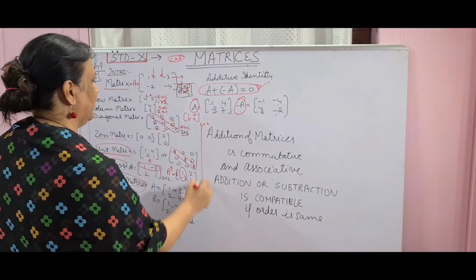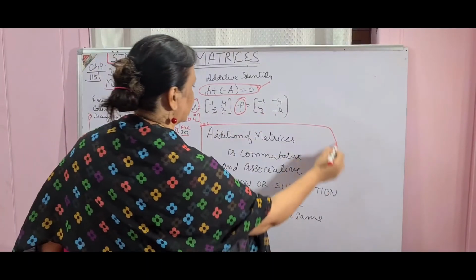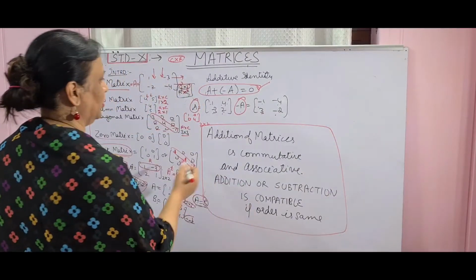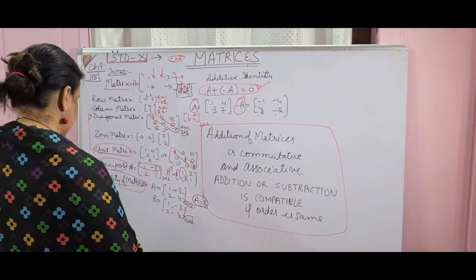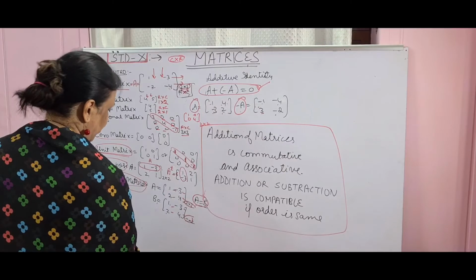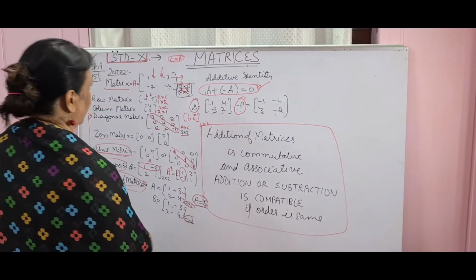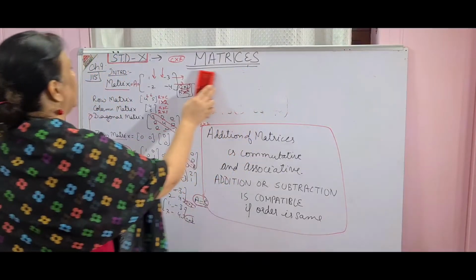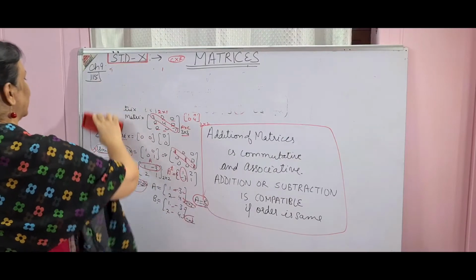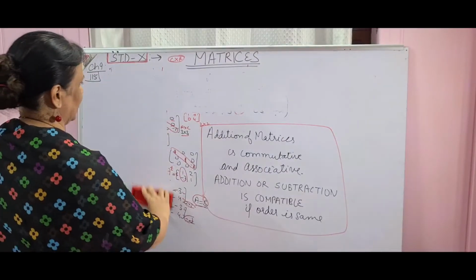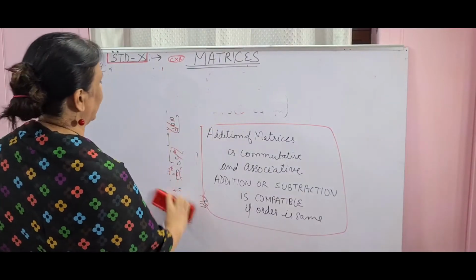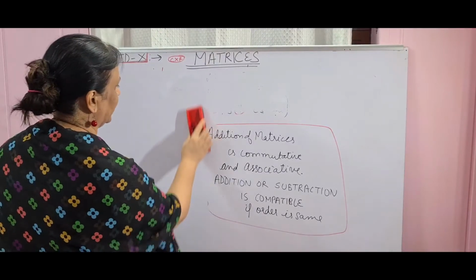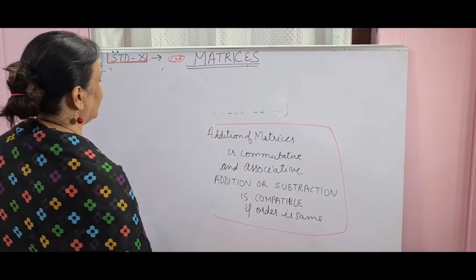Now come to the operations on matrices. The first operation which we are going to do is addition and subtraction of matrices. Before doing this, I will give you the laws. See, the addition of two matrices is only possible, or only compatible, if their order is the same.